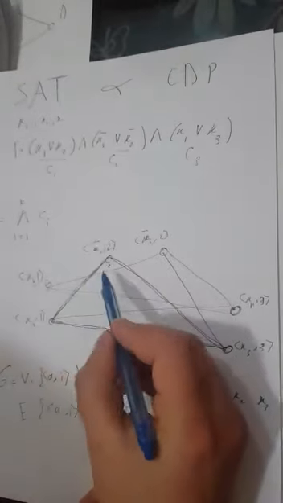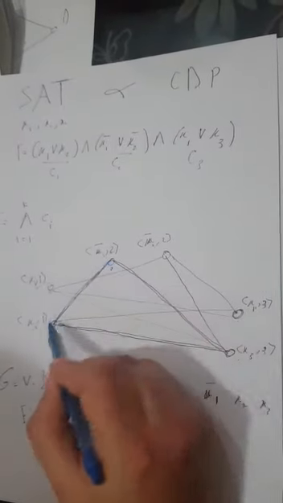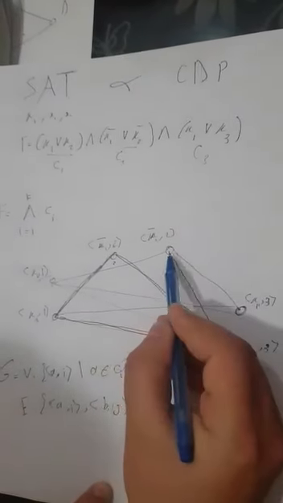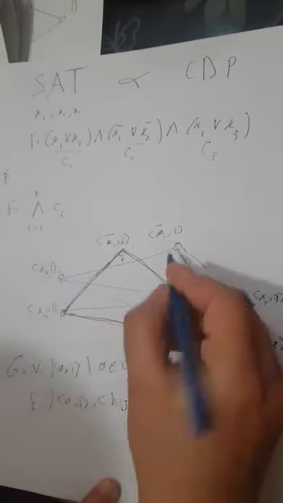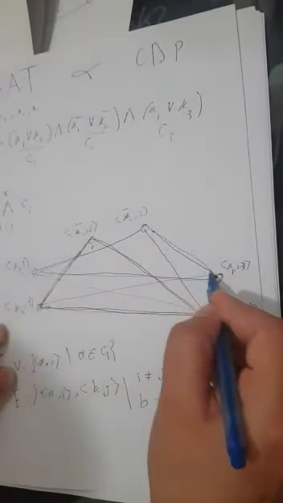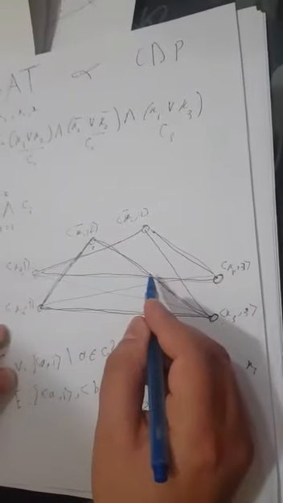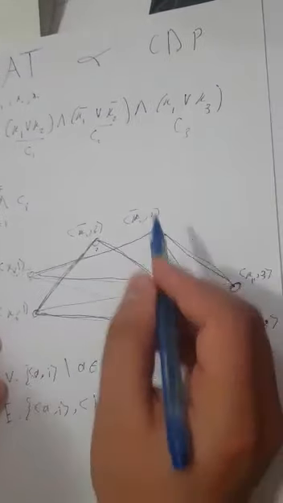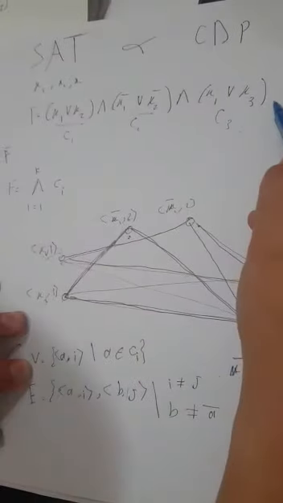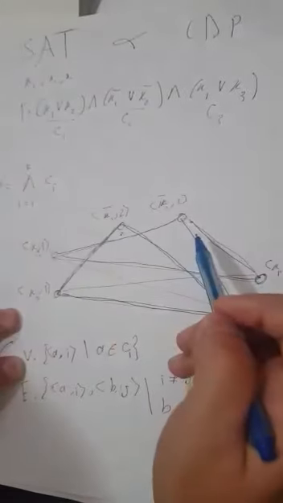This means that x1 dash, x2 and x3, this is a clique of size 3, and x2 dash, x1, x3, that clique also, and all the other cliques of size k must satisfy that formula and make the result of that formula true.